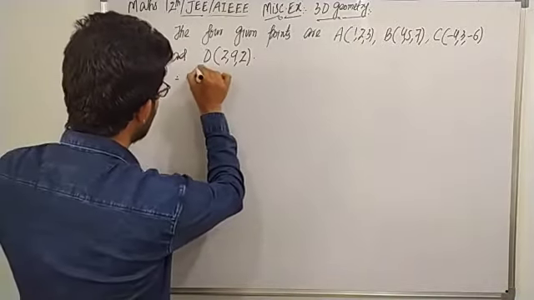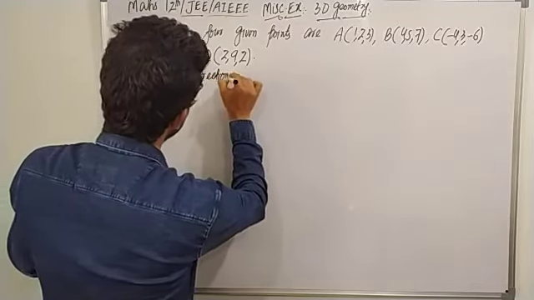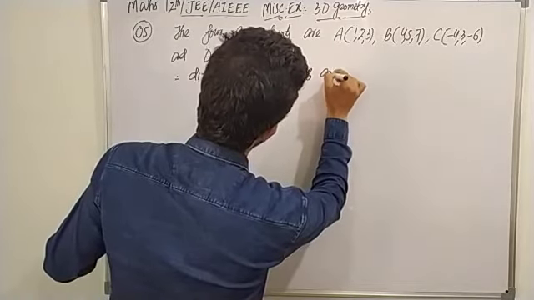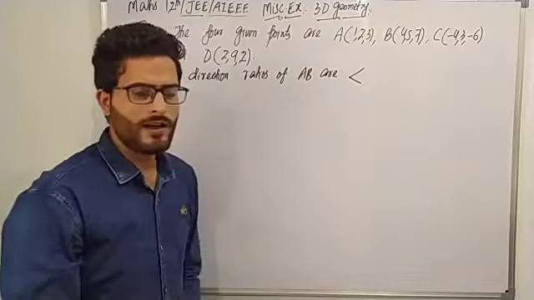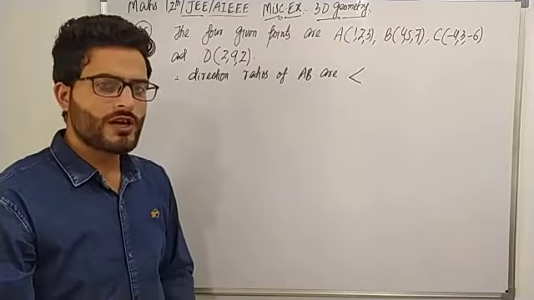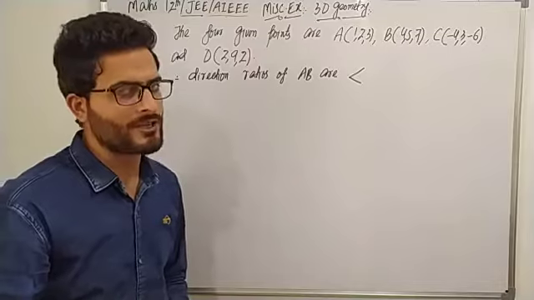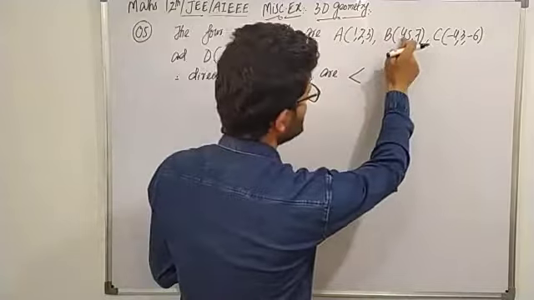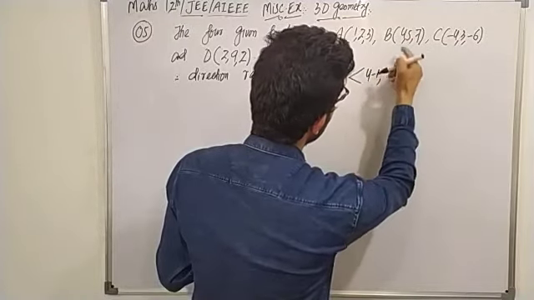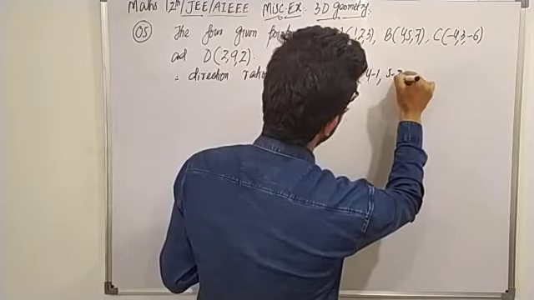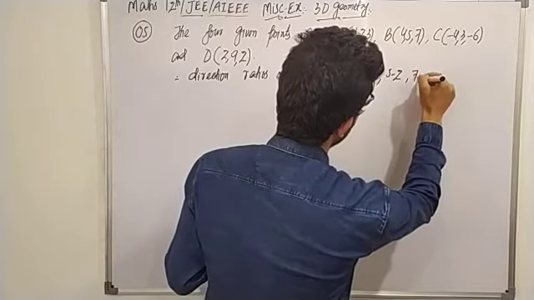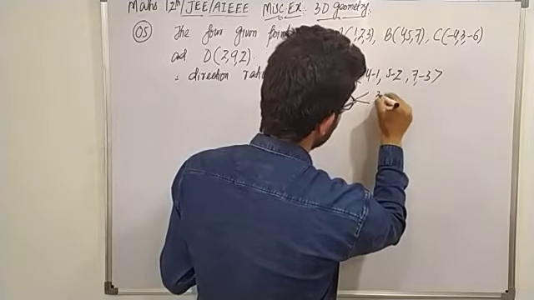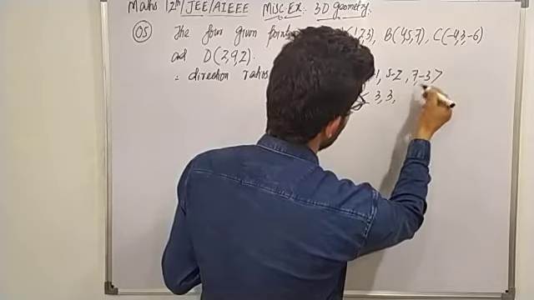So therefore direction ratios of line AB. What are the direction ratios of a line whose two end points are given in terms of their coordinates? x2 minus x1, y2 minus y1, z2 minus z1. So the direction ratios of AB are 4 minus 1, 5 minus 2 and 7 minus 3, that is an ordered 3 tuple. 4 minus 1 is 3, 5 minus 2 is again 3, 7 minus 3 is 4.